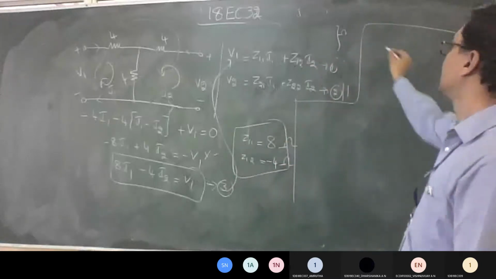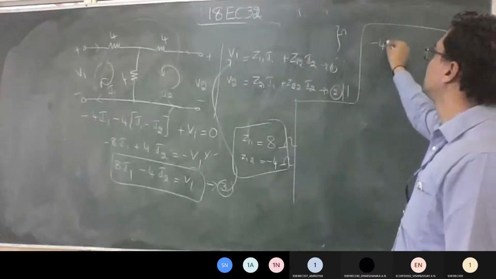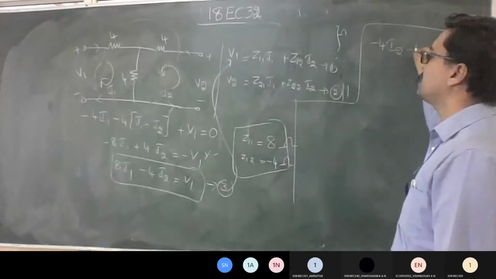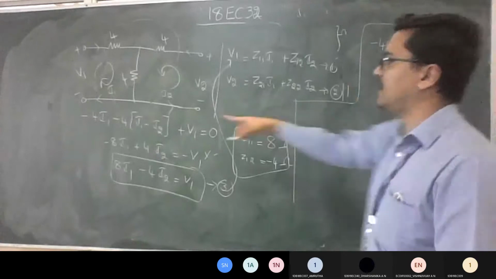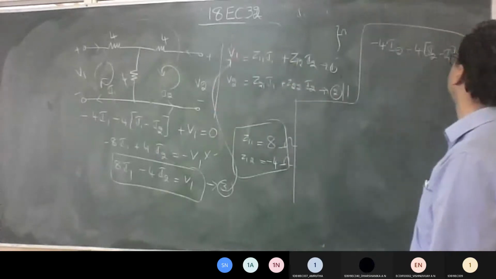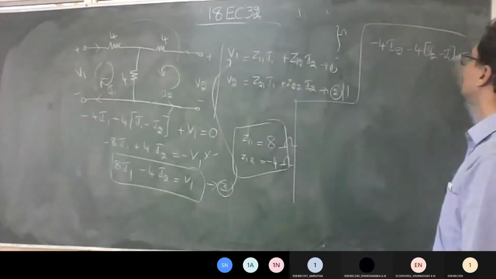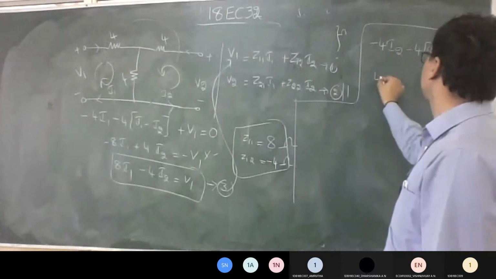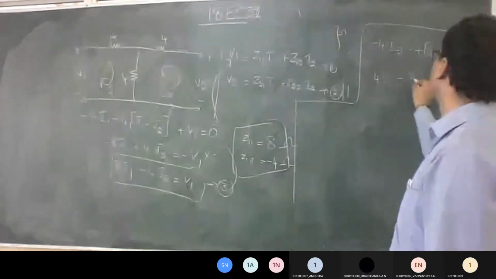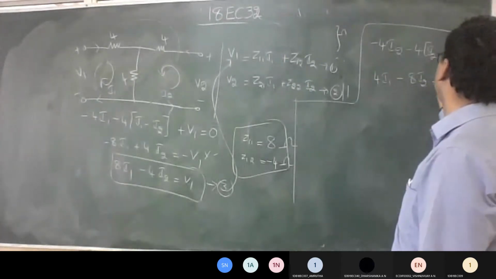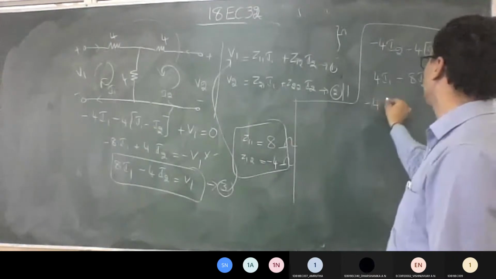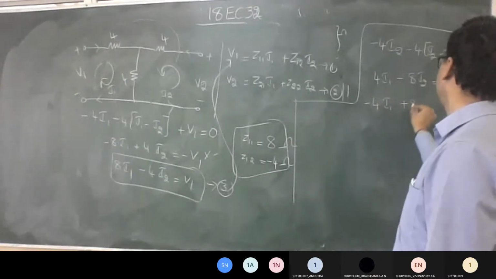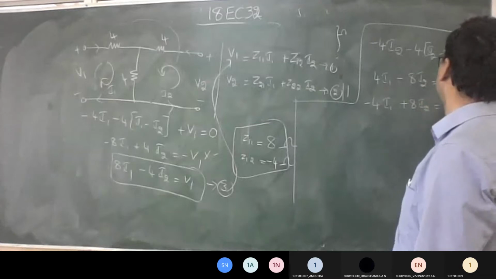Minus 4 I2 minus I1, from here to here, plus V2 equal to 0. From this you can write 4 I1 minus 8 I2 equal to minus V2. Multiply by minus, and you get minus 4 I1 plus 8 I2 equal to V2.